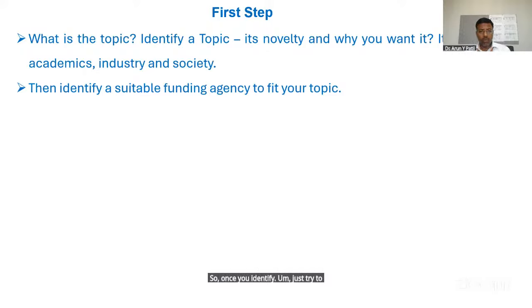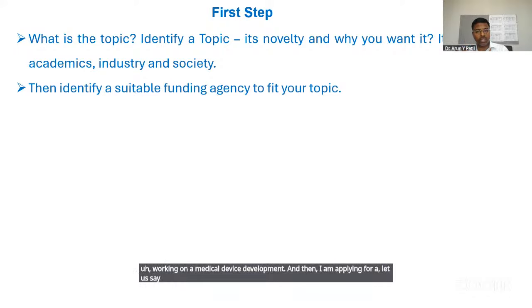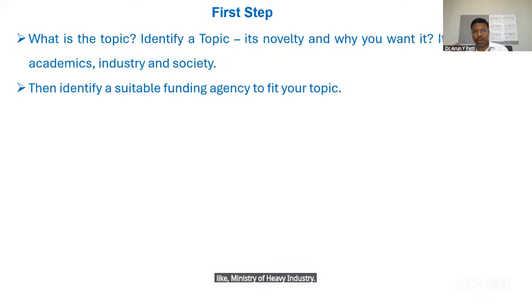Once you identify the topic, check which suitable funding agency you can bank on. For example, I am currently working on medical device development, and if I apply to a heavy industry body like the Ministry of Heavy Industry, they also fund heavily, but they give funding only for special purpose machines at an industry level, not for medical device development.